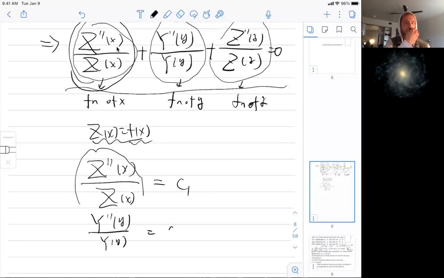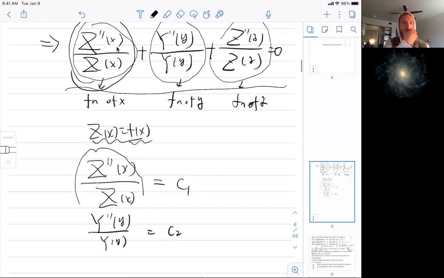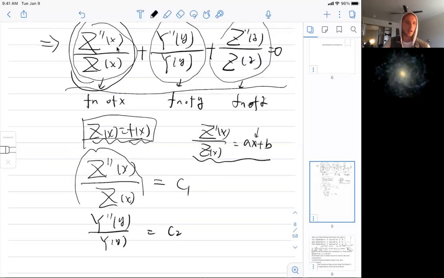Dr. Ryan, why couldn't it be linear? Because I'm not saying this is linear. You're saying this entire thing is linear? Okay, got it. Okay, thank you.